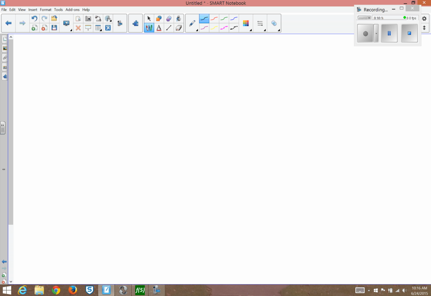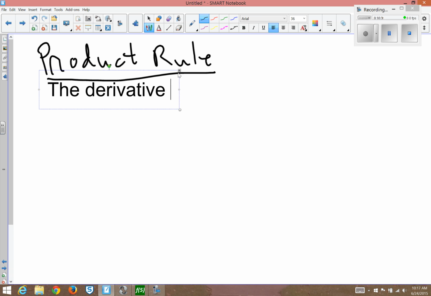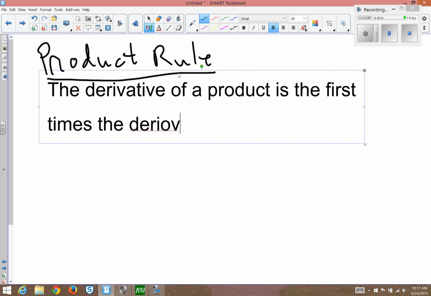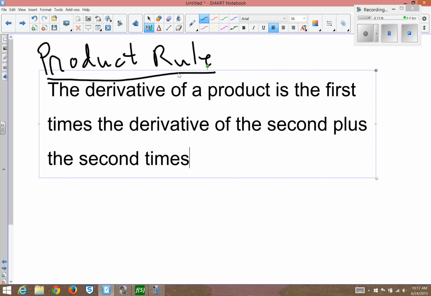Here's two more rules for finding derivatives. There's the product rule, which says that the derivative of a product is the first times the derivative of the second plus the second times the derivative of the first.